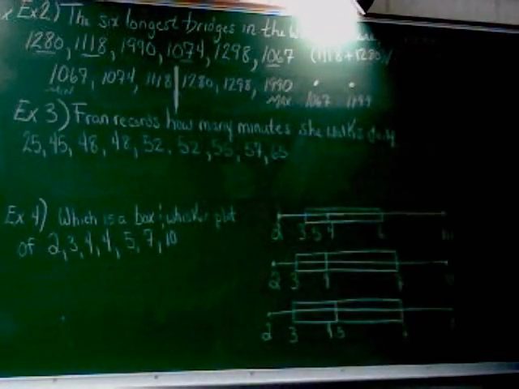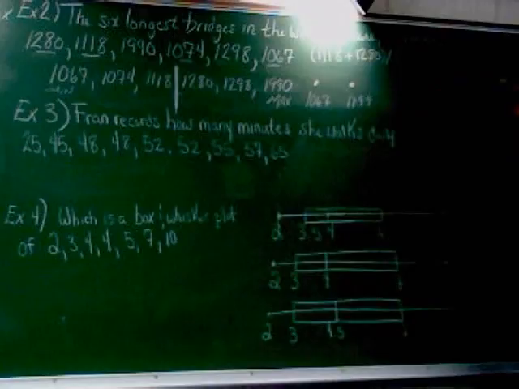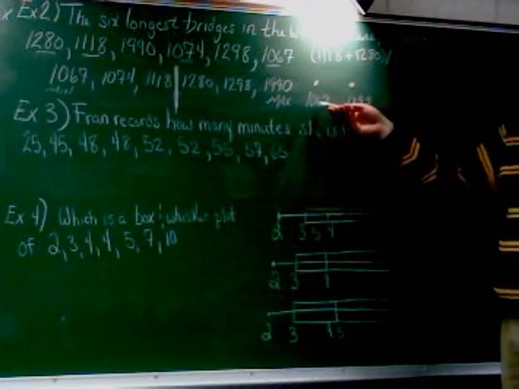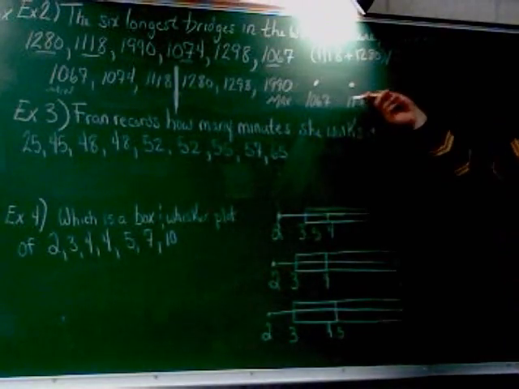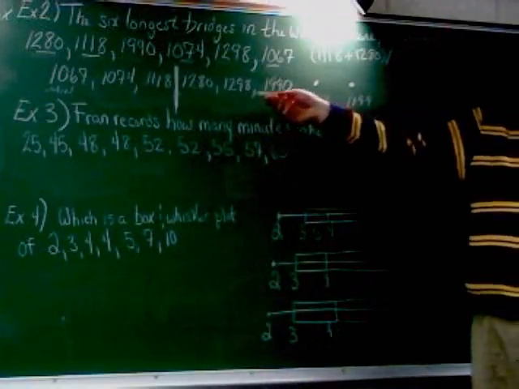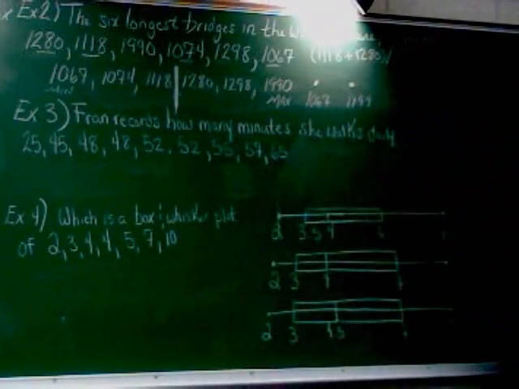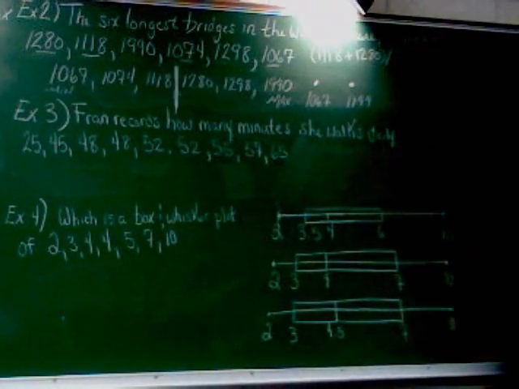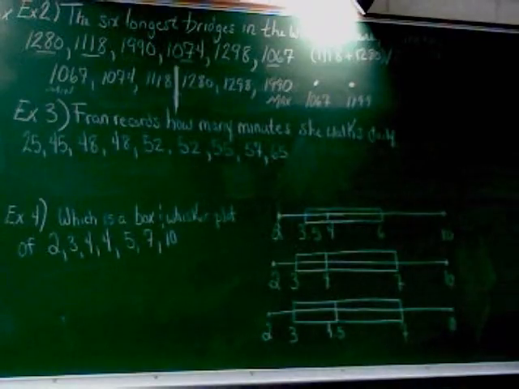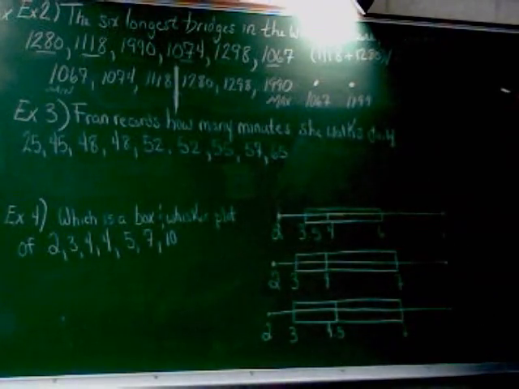Now, obviously, the distance from 1199 to 1990 is a lot bigger than 1067 to 1199. That's 130. This one's almost going to go 700 and then some, or no, just under 700. So that's got to be a lot bigger distance when we're making the number line. So make sure 1990 is much further out.